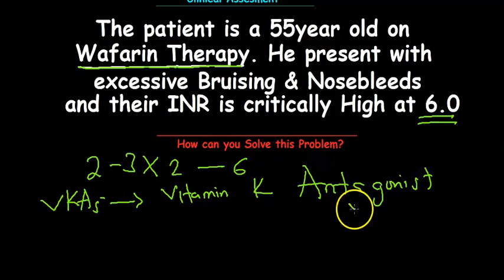An antagonist is simply a molecule that binds and stops a reaction. If it doesn't stop a reaction, it will slow down the reaction. And here we have warfarin, which is a class of drugs that target vitamin K.